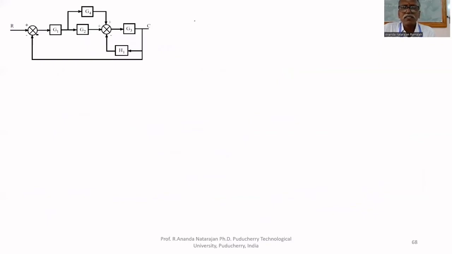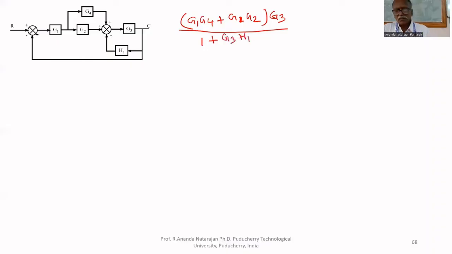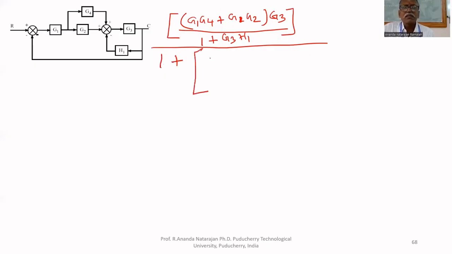If you apply the seventh rule, forward path transfer function G1 G4 plus G1 G2 multiplied by G3 upon 1 plus G3 H1, whole divided by, because of this feedback path, 1 plus the entire thing: G1 G4 plus G1 G2 multiplied by G3 upon 1 plus G3 H1.